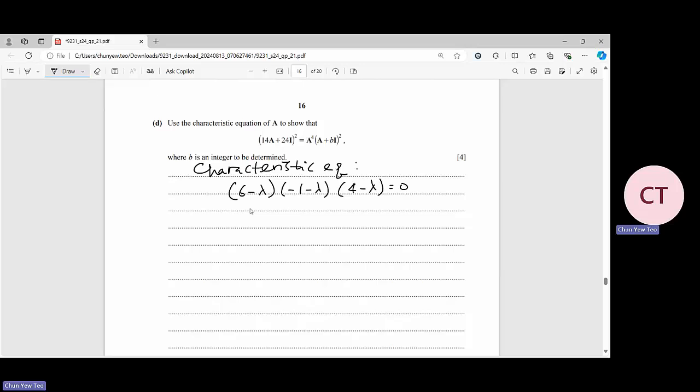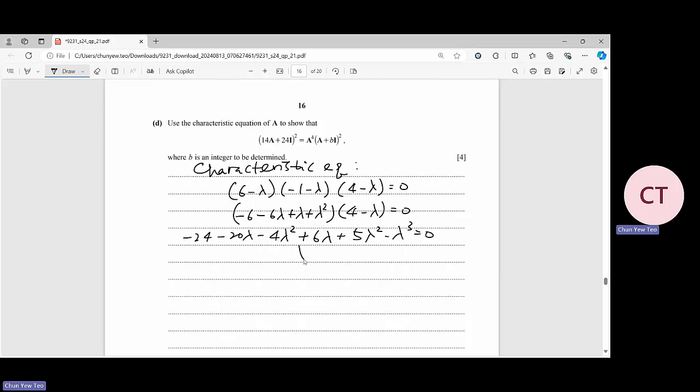So over here, if you expand them, you get -6 minus 6 lambda plus lambda squared. Then you have 4 minus lambda equal to 0. Then you get -24 minus 5 minus 20 lambda minus 4 lambda squared plus 6 lambda plus 5 lambda squared minus lambda cubed.